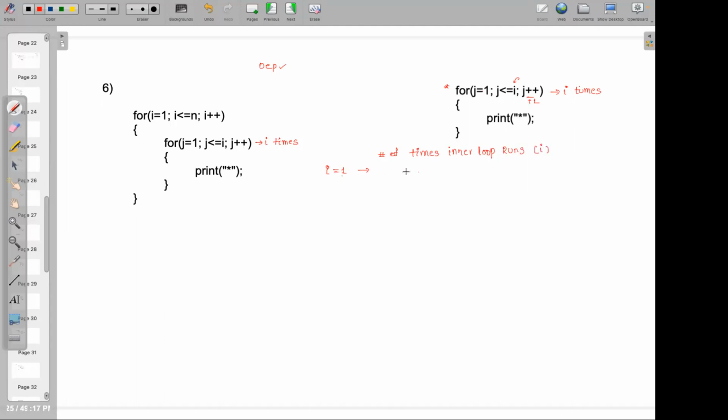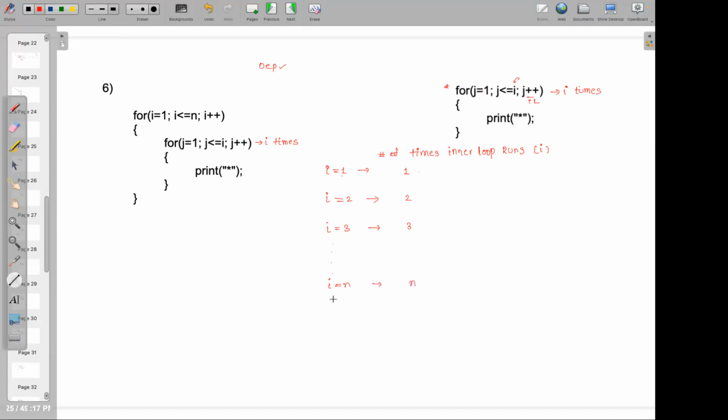Therefore, if I is equal to 1, it is going to run for 1 time. If I is equal to 2, can you tell me how many times this loop will run? 2 times. Similarly, if I is equal to 3, how many times does it run? 3 times. And how long is this loop going to run? Till I is equal to n. Till I is equal to n, this loop is going to run n times.